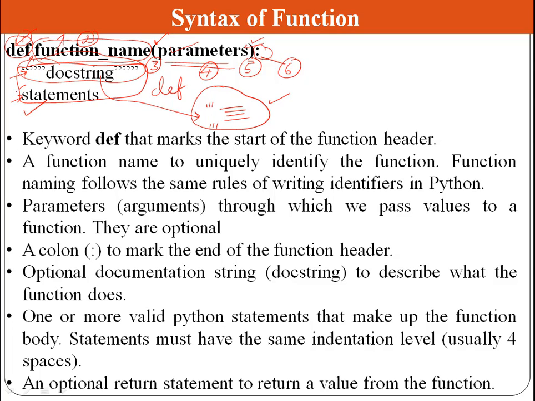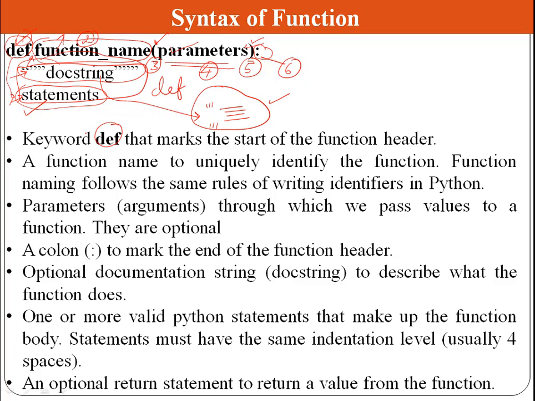So, recap: the keyword def marks the start of the function header. The function name uniquely identifies the function. As you mention variables in your program, which are unique, the function name will be unique. Function naming follows the same rules for writing identifiers in Python, like variables.